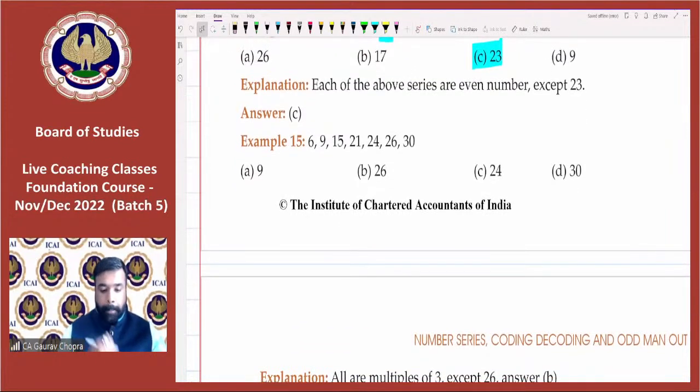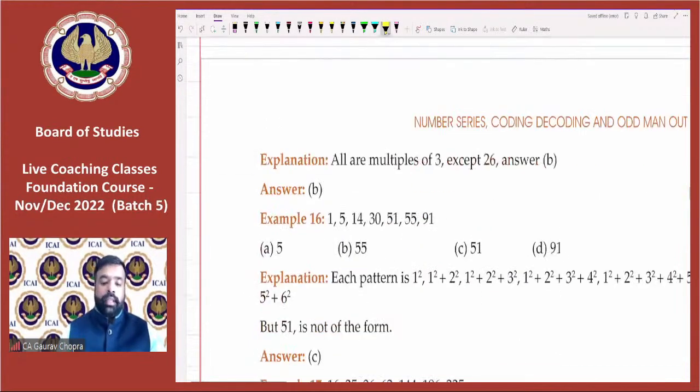Then in the 15th one, 6, 9, 15, 21, 24, 26, and 30. Again, this is very simple. All the numbers are multiples of 3 except 26. So the answer is option number B, 26.